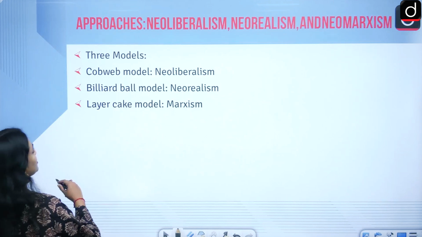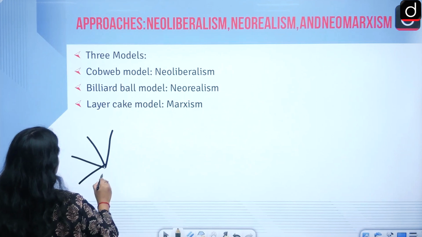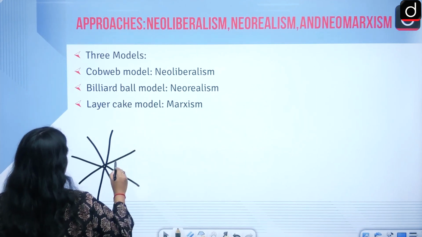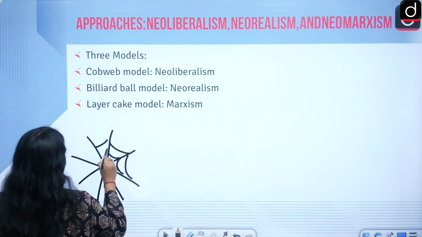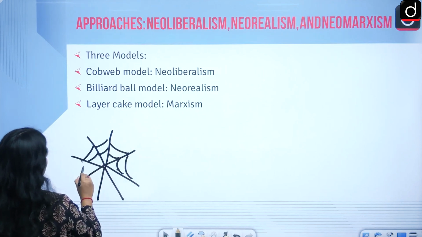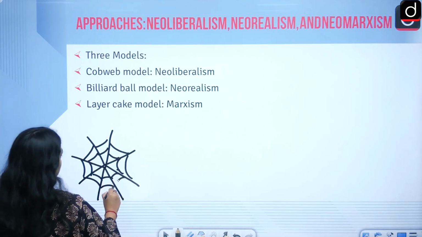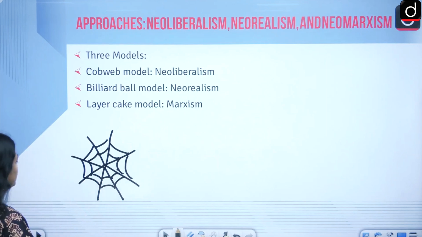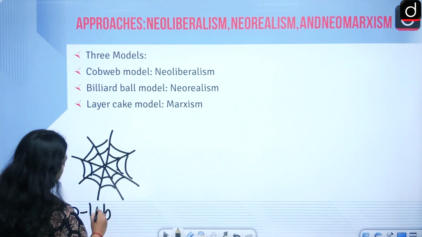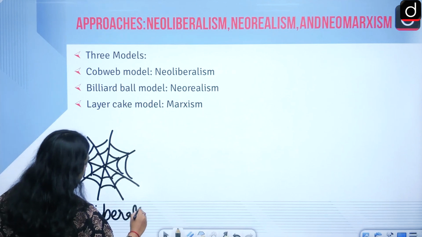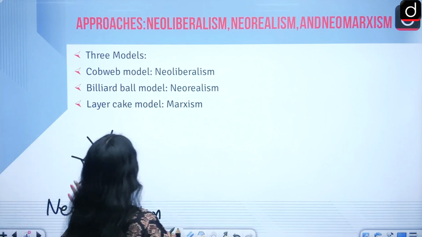When you talk about the web model, you can see that all units are interconnected, the spider's web we can say. This is the classic case of neoliberalism that we can understand in a short manner. The best way to understand neoliberalism is through this web model.